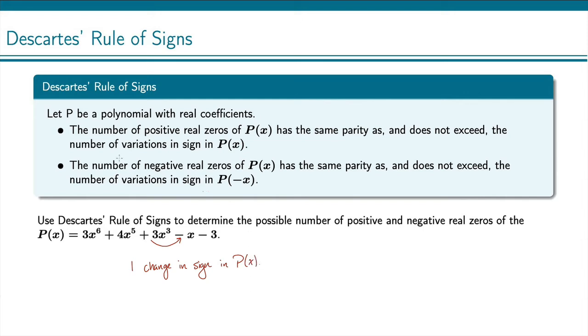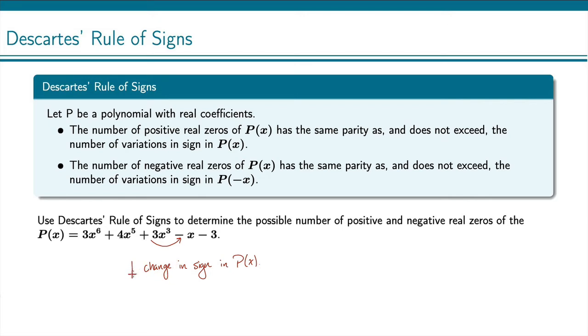So Descartes' rule of signs says that the number of positive real zeros has the same parity. So this is an odd number, and does not exceed the number of variations in sign, so we can't have more than one.